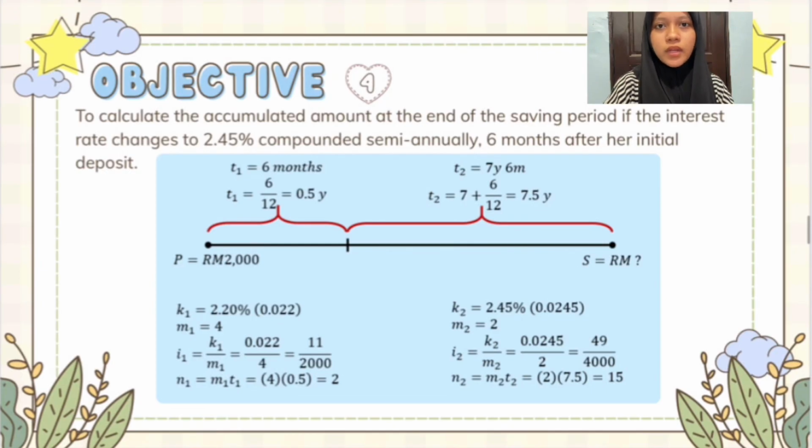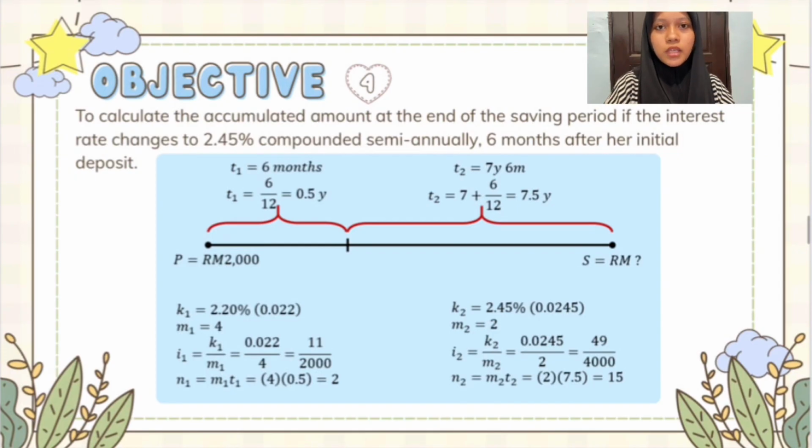Since we have T1 and T2, that means we have K1, K2, M1, M2, I1, I2, and N1, N2. K1 equals 2.20%, equivalent to 0.022. M1 equals 4, which means every 3 months.